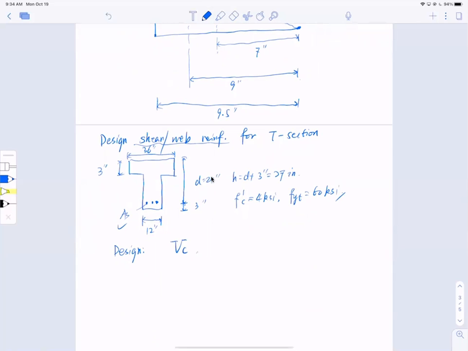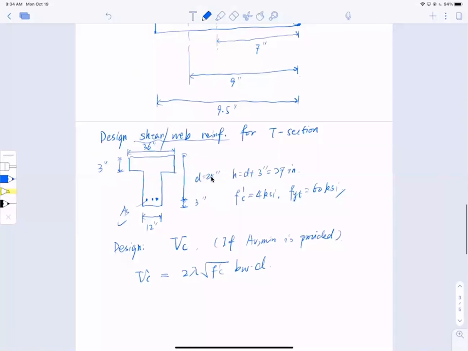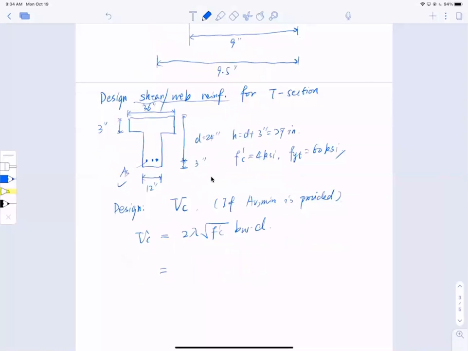If Av min is provided, we use Vc equal to 2 lambda square root of f'c bw d. For normal weight concrete lambda equals 1, so this becomes 2 times the square root of 4,000. Be careful: bw is 12 inches, and d is 24 inches.